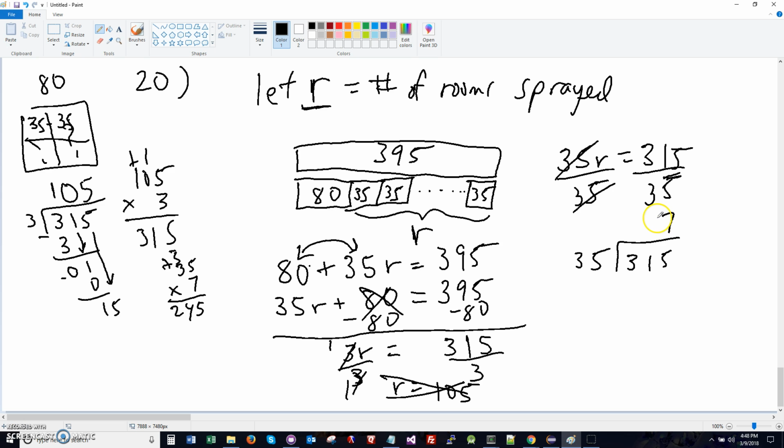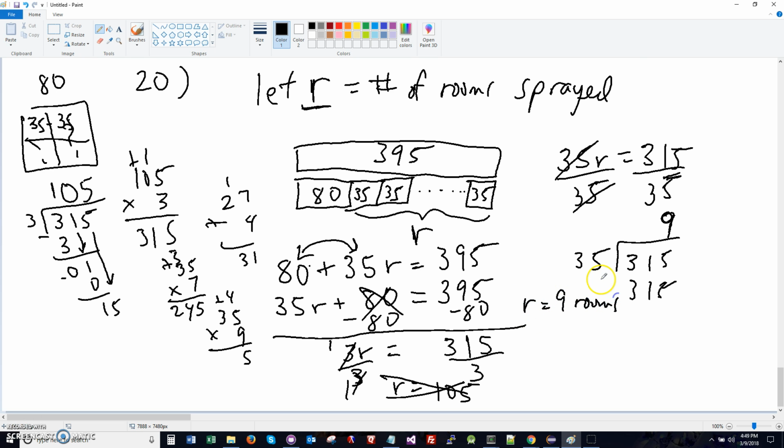That's not enough. Let me just go up by 2. Let's try 9. So 35 times 9 is 315. Yeah, there you go. It is 9. So the answer is 9 rooms. So R is equal to 9 rooms.